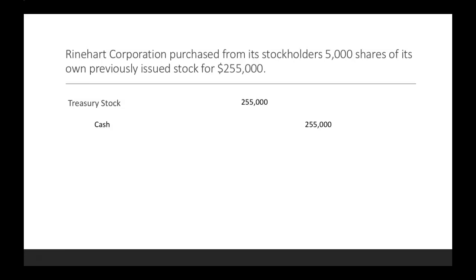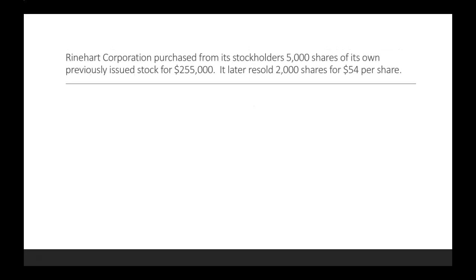Now we have those 3 different sales, right? The first one, we sold 2,000 shares for $54 per share. So we're getting cash, right? We're selling this stock, so we are getting cash. We're selling our treasury stock, so we need to decrease our treasury stock account with this credit.